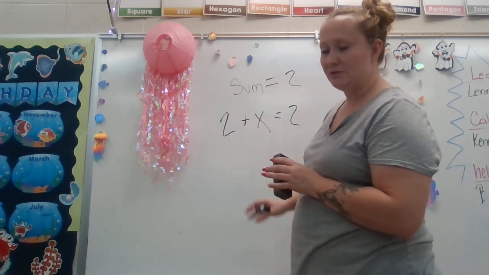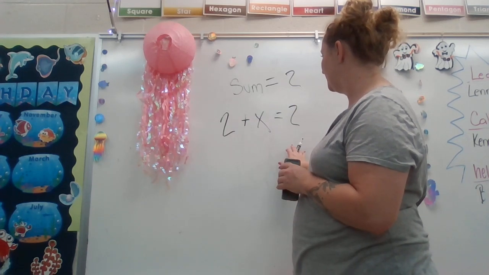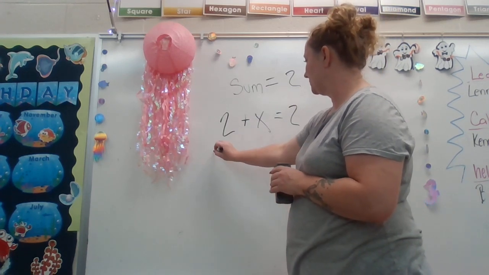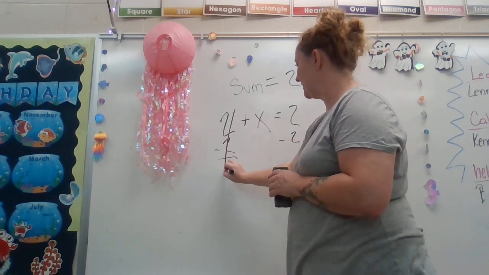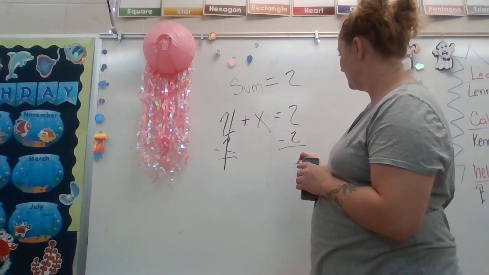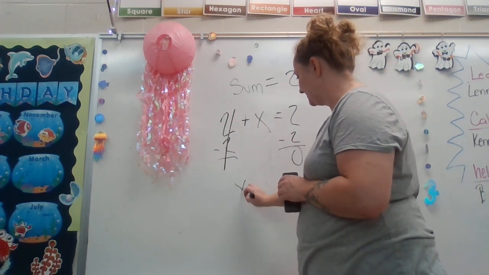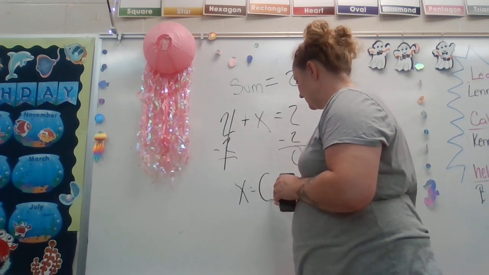We know that we need to do the opposite to the other side of the equal sign. So we're going to subtract 2. That would cancel out. 2 minus 2 is 0. That means x would equal 0.